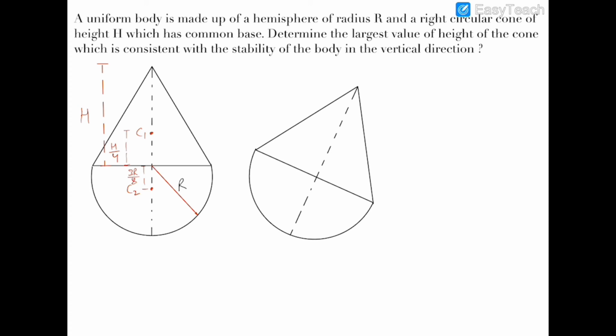This is C2. Now let us assume that the combined center of mass is C, and it is at a height of h, small h, I am assuming it.